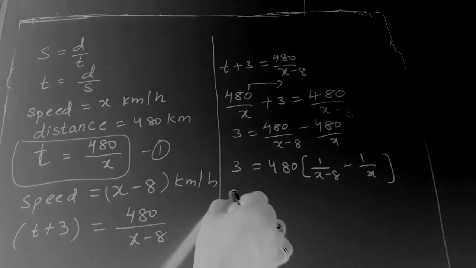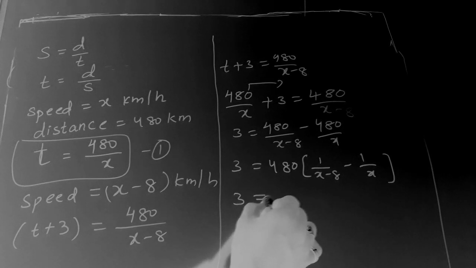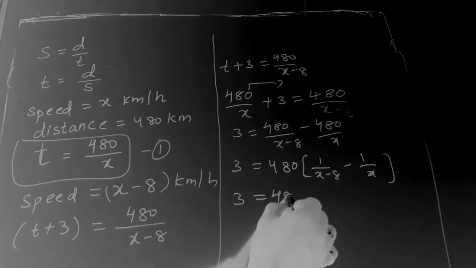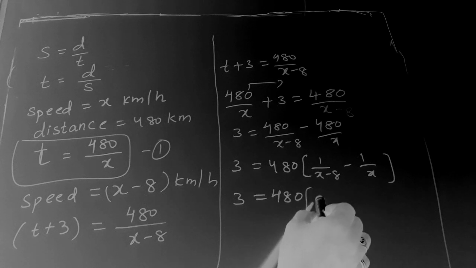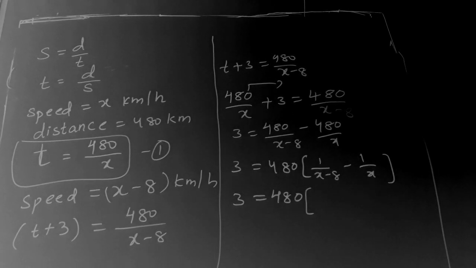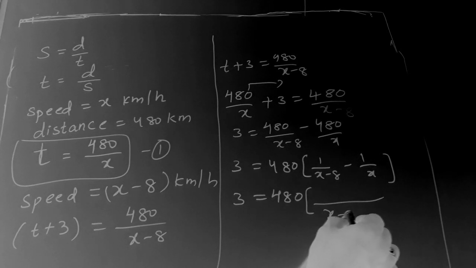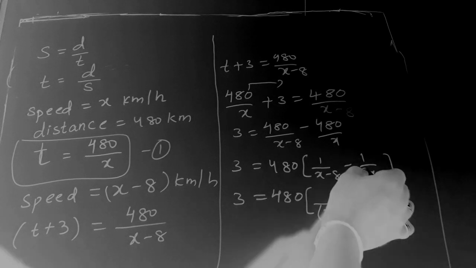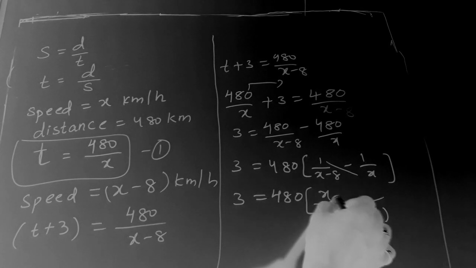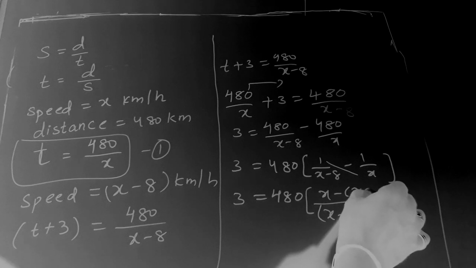Okay, now here simplify this. Here the LCM is x minus 8 into x, just cross multiply, here x minus of x minus 8.